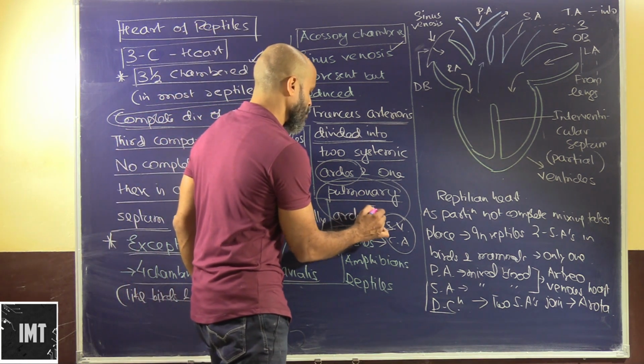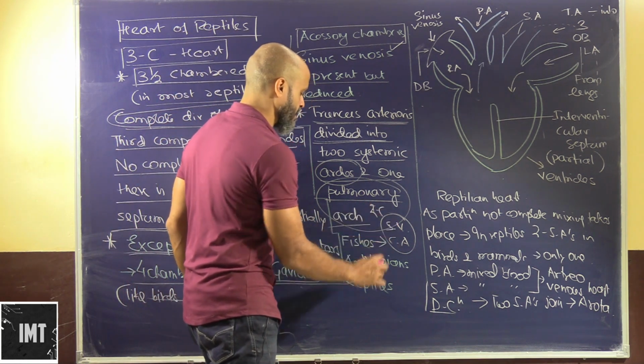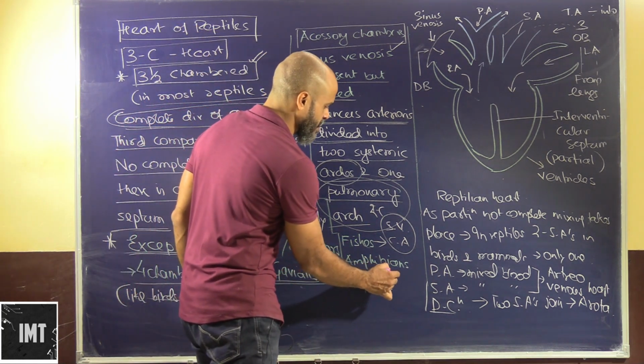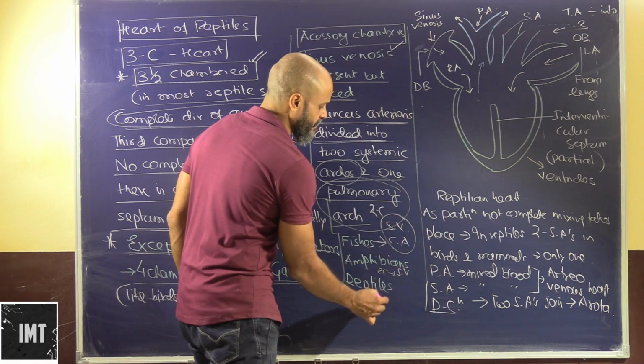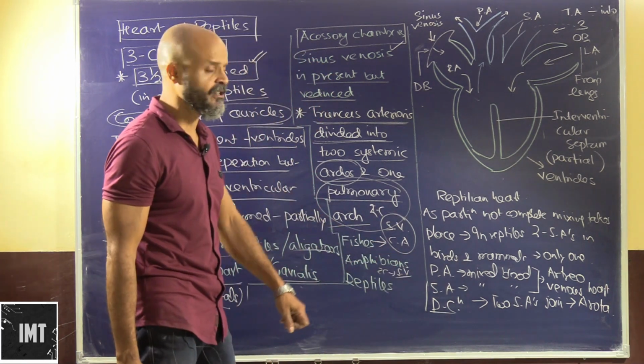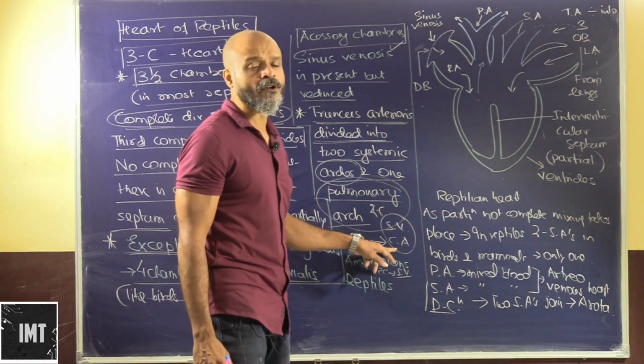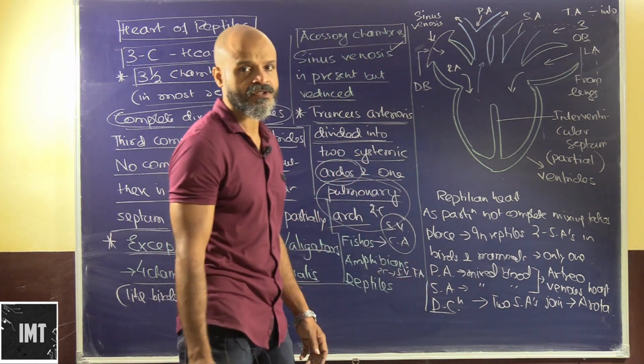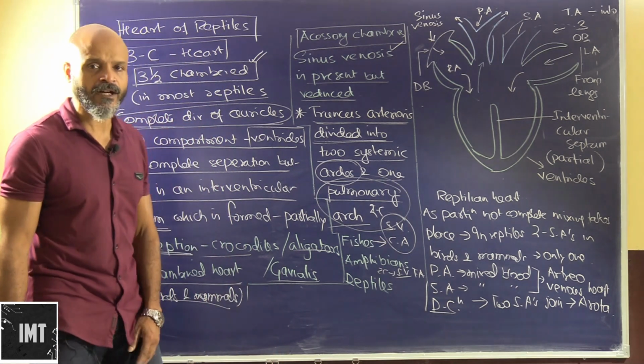Amphibians also have a 2-chambered heart, with the accessory organ sinus venosus, and the conus arteriosus is now modified to truncus arteriosus.